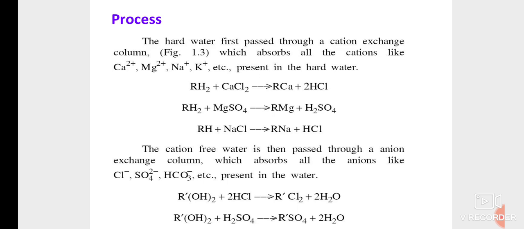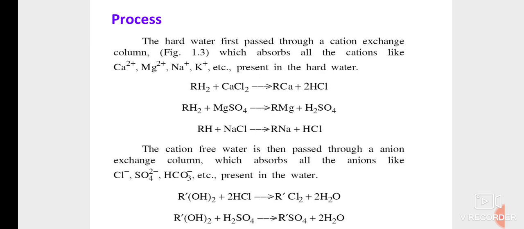Very simple. Suppose the water contains calcium chloride: calcium is absorbed by the cation exchanger column, and chloride is absorbed by the anion exchanger column. That is the main simple reaction. Suppose the water contains magnesium sulfate: the magnesium is absorbed by the cation exchanger column because magnesium is the cation, and the sulfate is absorbed by the anion exchanger column because sulfate is the anion.